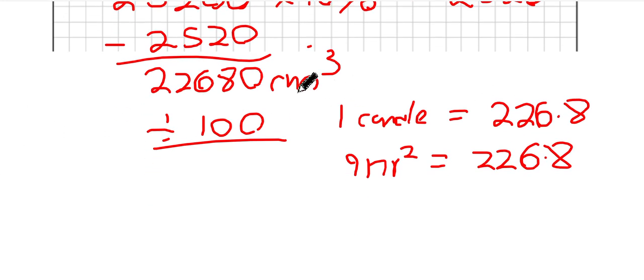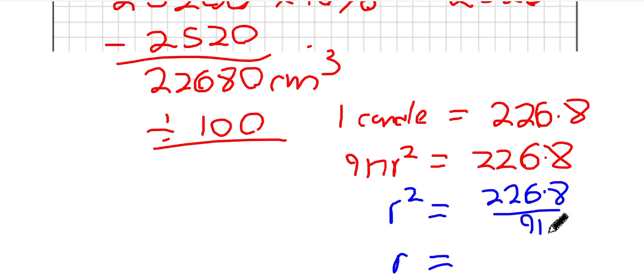So, the goal of the question is to get r on its own. You first need to get r squared on its own, and then after that you're going to get r on its own. What's stopping r squared from being on its own? Where does that 9 pi go? It goes underneath, doesn't it? So 226.8 divided by 9 pi.